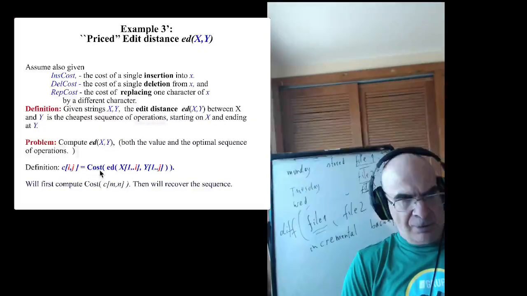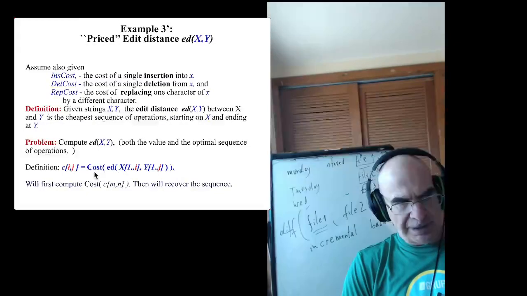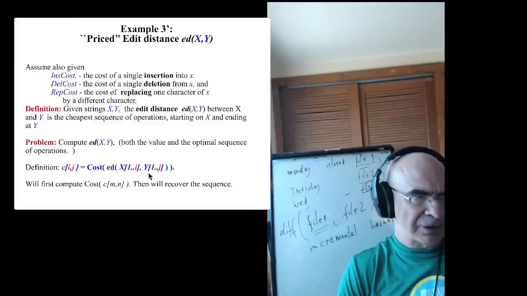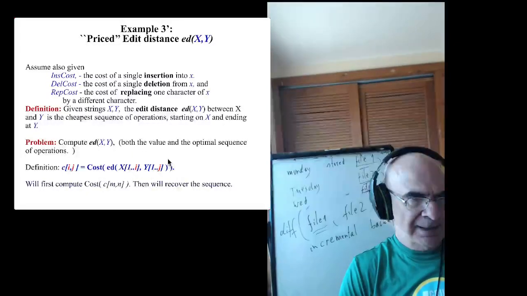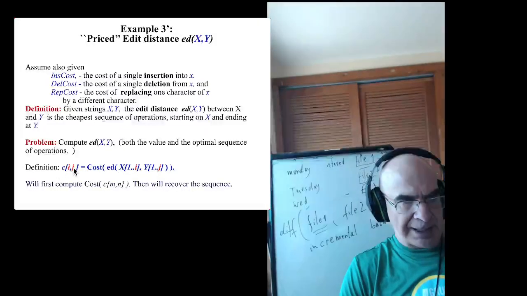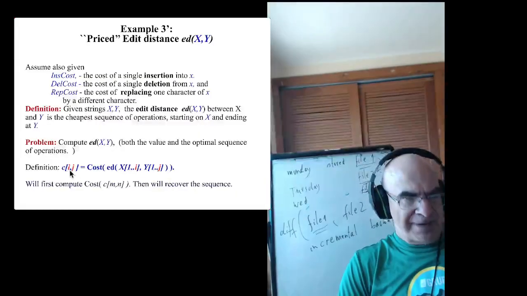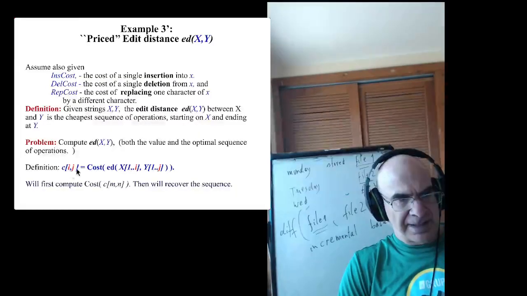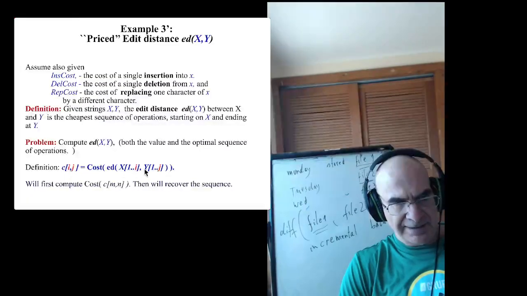I'm looking at the cost of the edit distance between this prefix and that prefix, and I'll call this number Cij. So Cij is the cost of the edit distance that starts at the first i characters of x and ends at the first j characters of y.